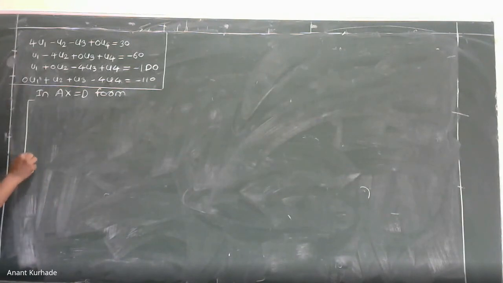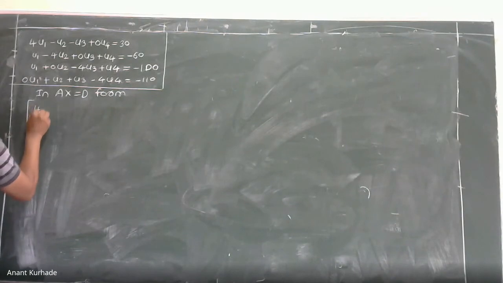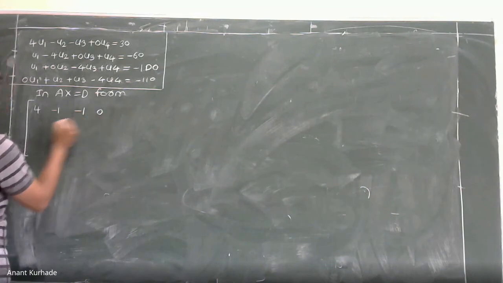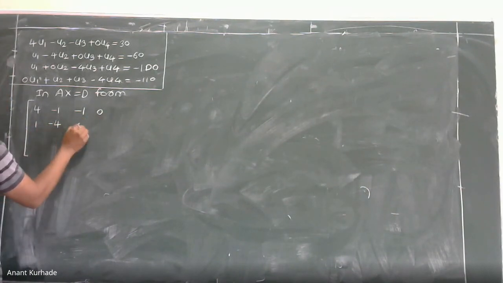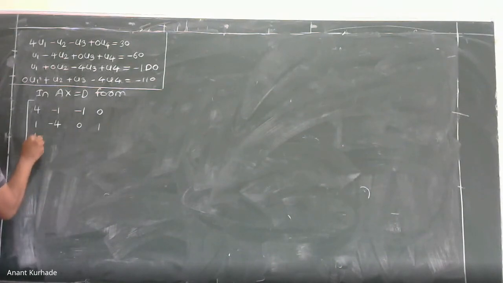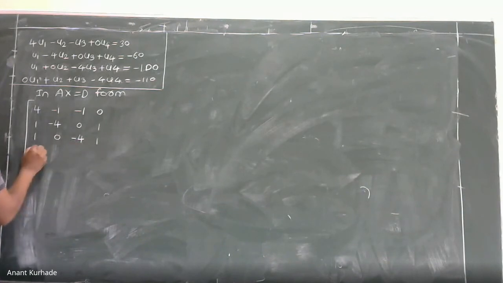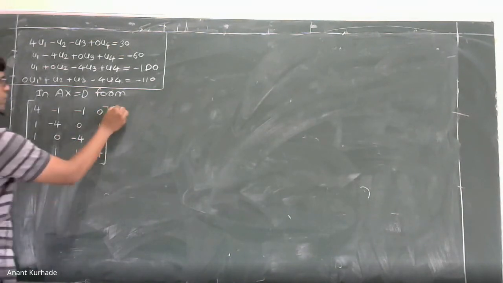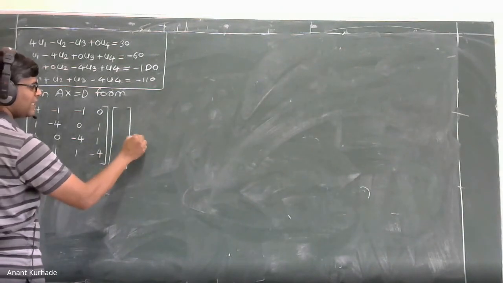First equation means first row, be careful: 4, minus 1, 0, 0 (minus 1 for the third element as well). Next, second equation: 1, minus 4, 0, 1. Next: 1, 0, minus 4, 1. Next: 0, 1, 1, minus 4. Fine. Now what is the X matrix? Tell me.